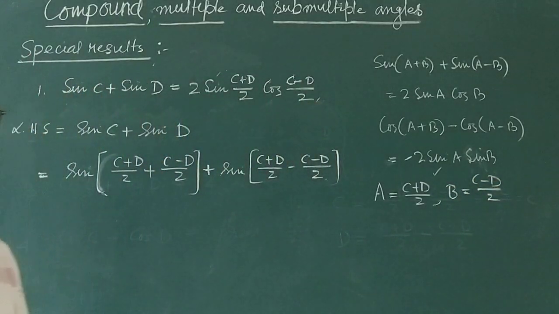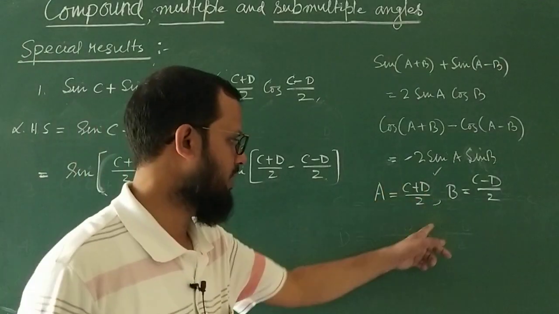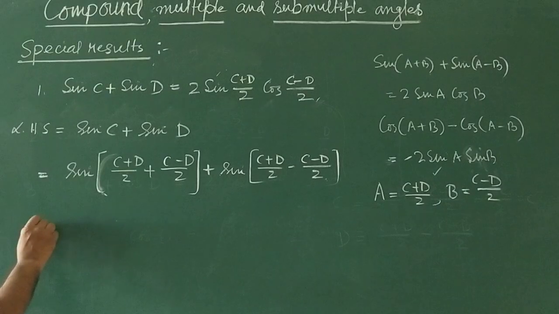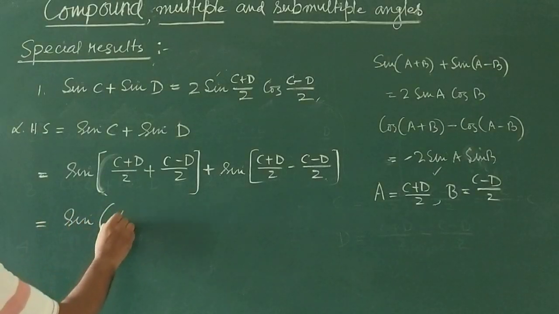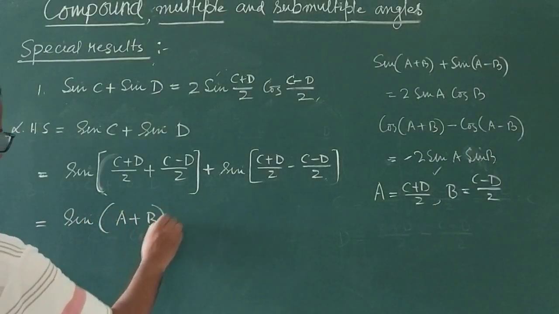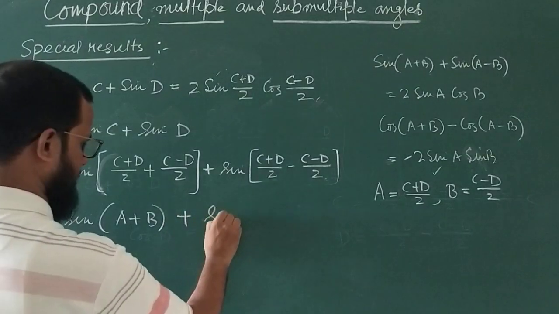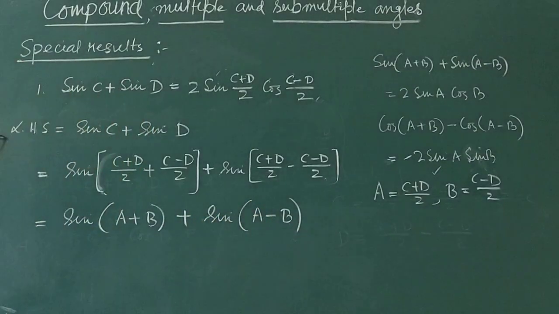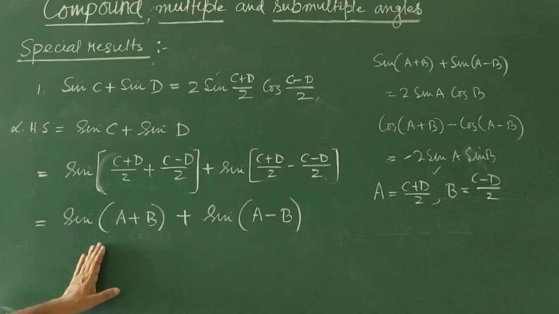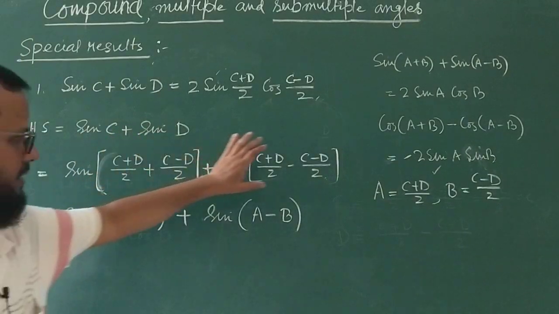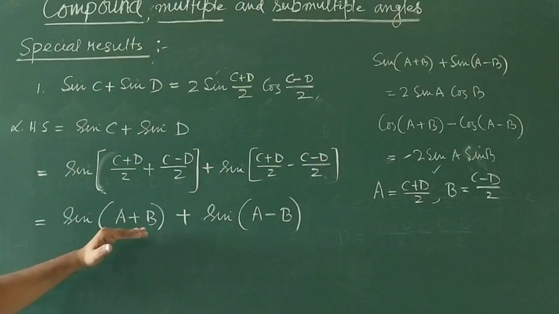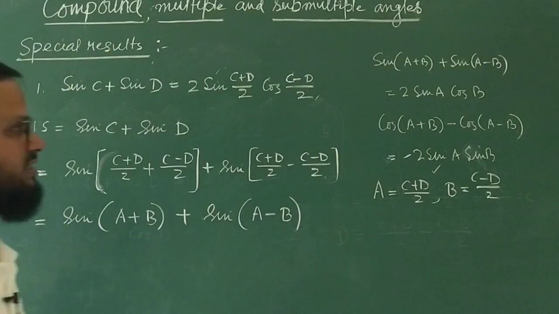So C and D are angles, and (C+D)/2 is an angle, which is equal to A. So you can write sin(A+B) plus sin(A−B). You must have understood. Yes, this will be A plus B, this will be A minus B. Are you sure? And which is nothing but your result this.